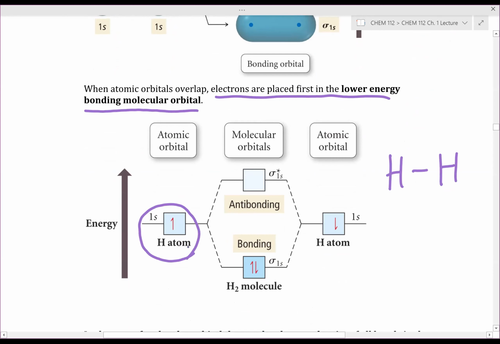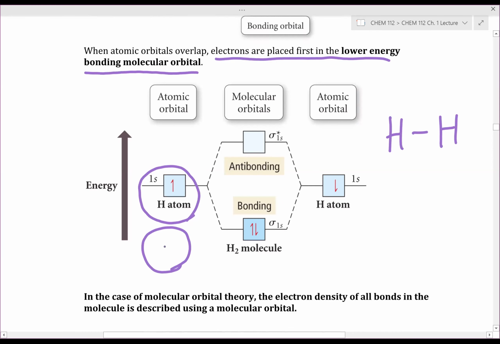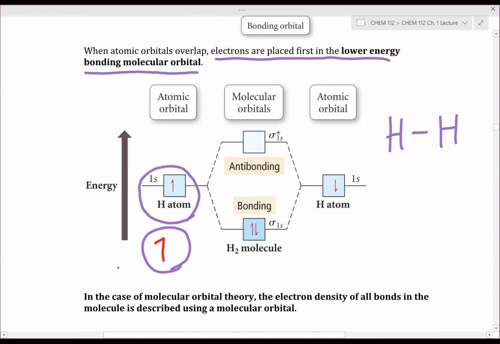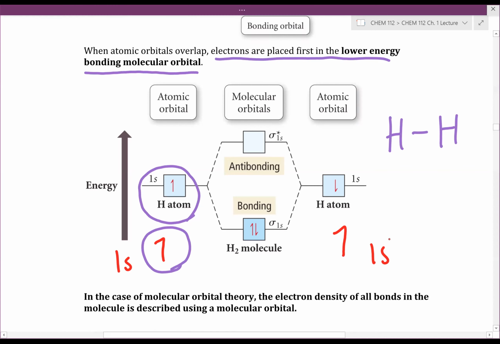So let's draw a picture of that. So we have two electrons, each in a separate 1s orbital.